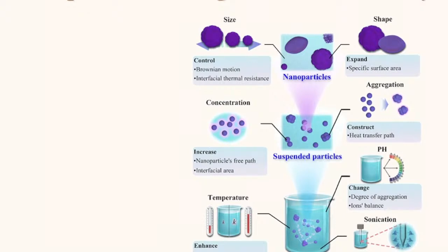These particles have a very good network of thermal interfaces, because one particle will have contact with the other particle. Conduction means you should have a solid interface, and through the phonon interaction, you will be able to see that the heat transfer enhancement takes place through the thermal conductivity of these particles.